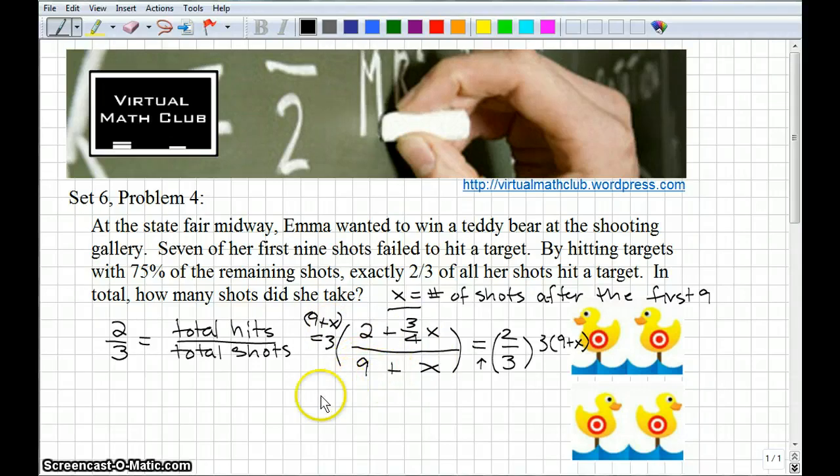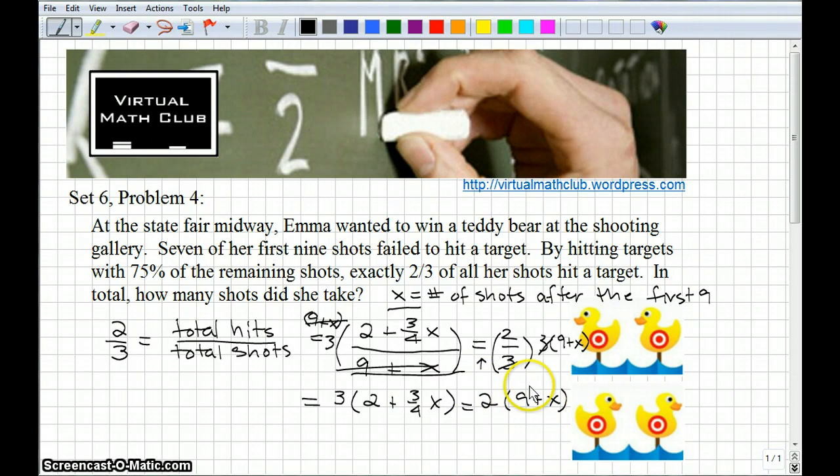So you can see after I do that, this 9 plus x cancels with this 9 plus x. Oops. And this 3 will cancel with this 3. So I'll end up with 3 times (2 plus 3/4 x) is equal to 2 times (9 plus x).